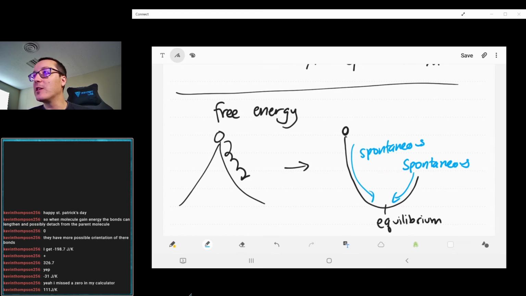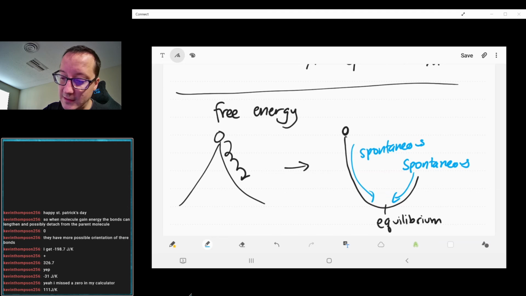You're eventually going to produce all these products, and then some of those products are going to break back down again, and you're going to make them back into products and break them down again, and eventually you'll reach that zero net change state where everything is happy. And so that happens spontaneously, right? You have your reaction happening in the forward direction. Eventually, too many products are made, and you have the spontaneous reaction happening in the reverse direction. And eventually you reach that equilibrium point.